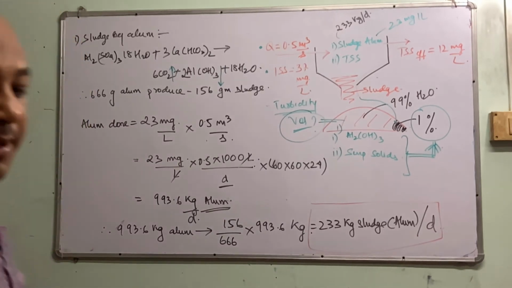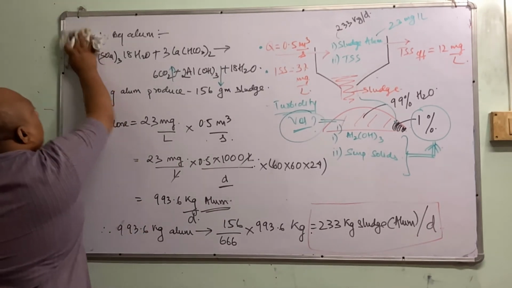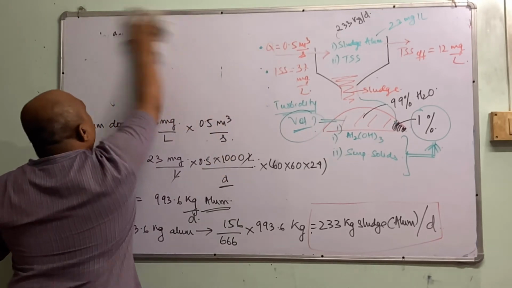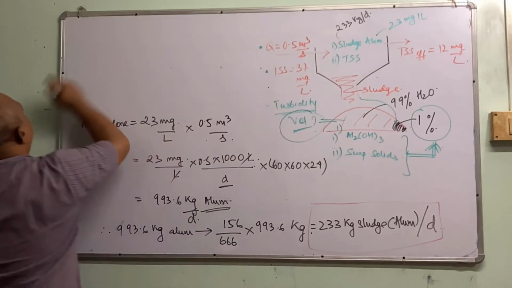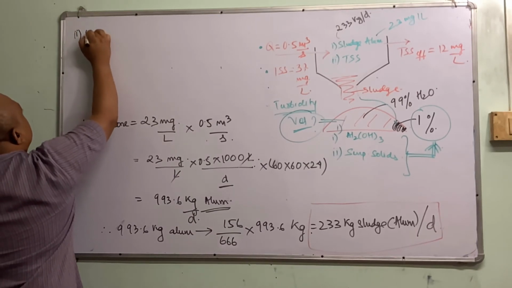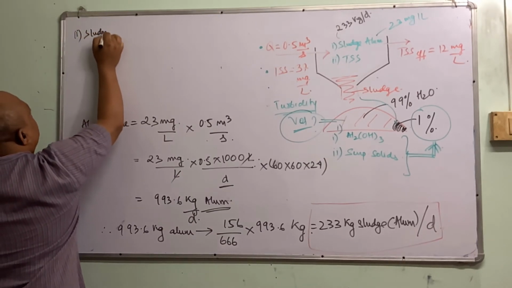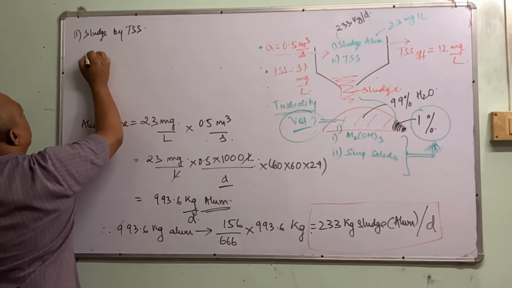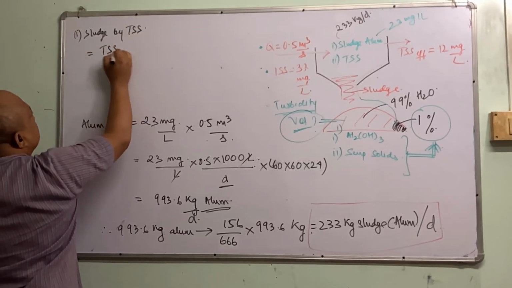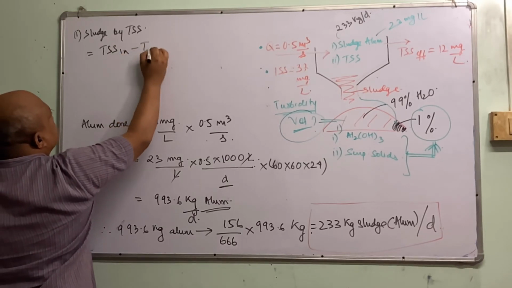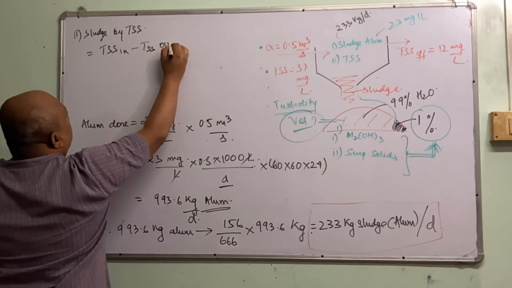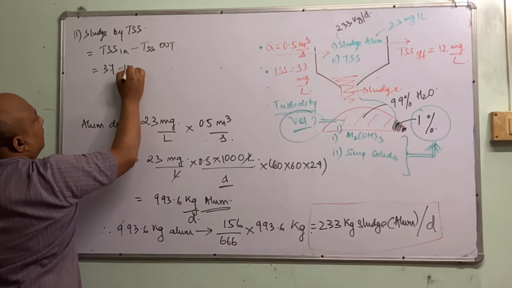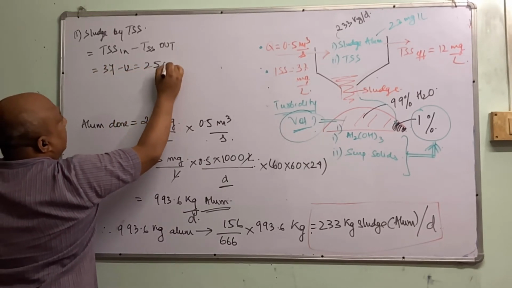Now we have to find the sludge for the second part, the sludge that is produced by TSS. TSS removed is equal to TSS in minus TSS out, which is 37 minus 12, equal to 25 milligram per liter.